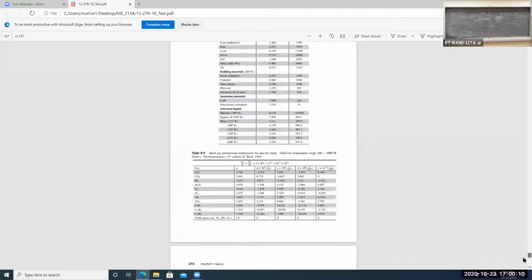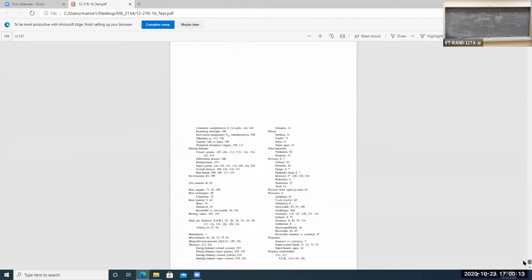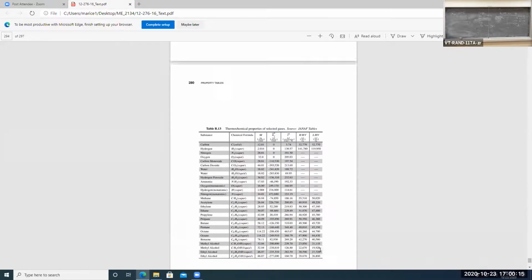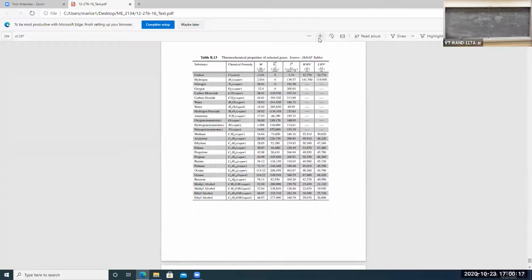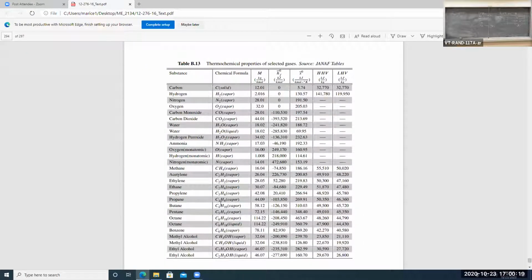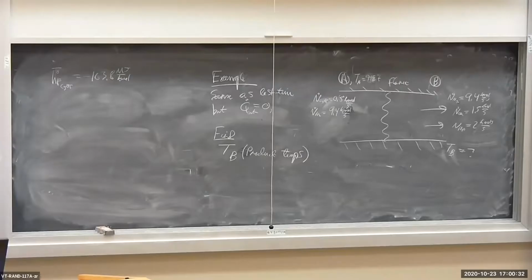So we go to B13. Propane, negative 103.85, that's in kilojoules per kilomole, or if you like, 103.8 megajoules per kilomole, okay?